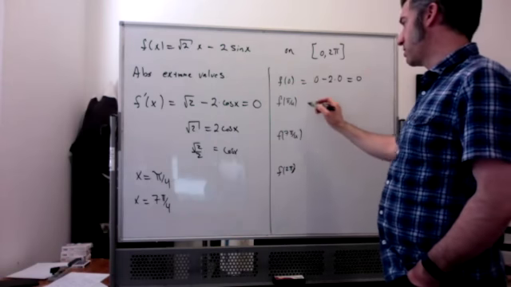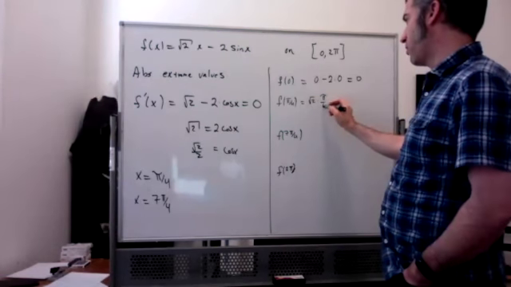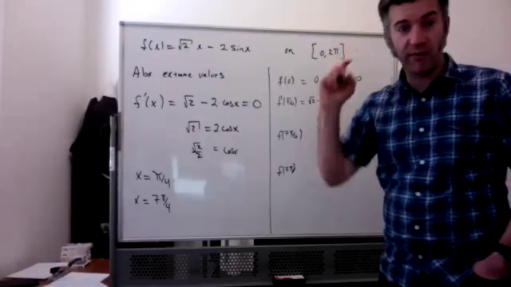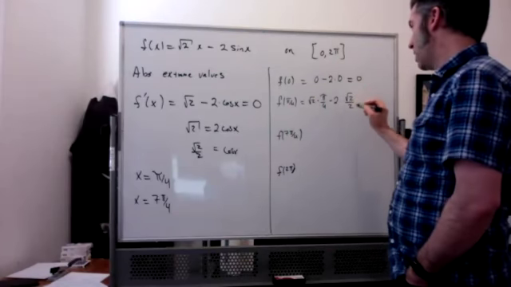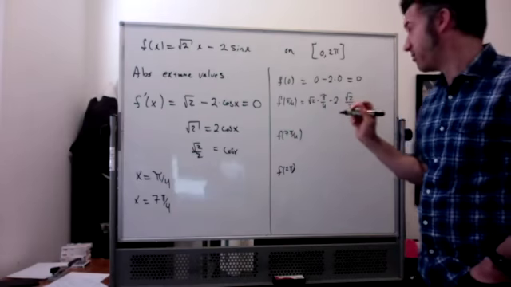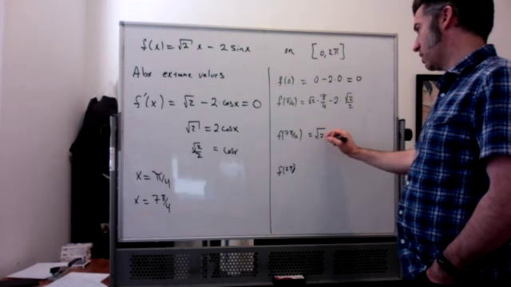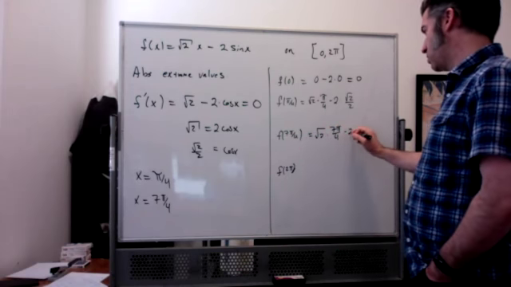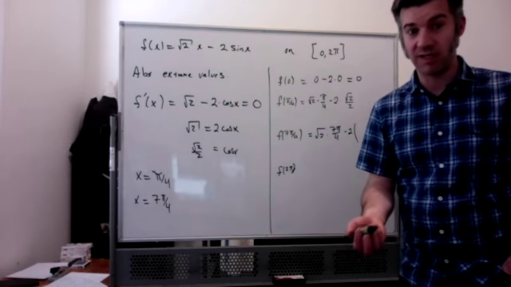Okay, pi over 4, so that's going to be kind of funky. You're going to have the square root of 2 times pi over 4 minus 2 times sine of pi over 4, which is the square root of 2 over 2. And we'll worry about simplifying these in a minute. F of 7 pi over 4 is going to be the square root of 2 times 7 pi over 4 minus 2 times sine of 7 pi over 4, which is negative root 2 over 2 because it's in the fourth quadrant.